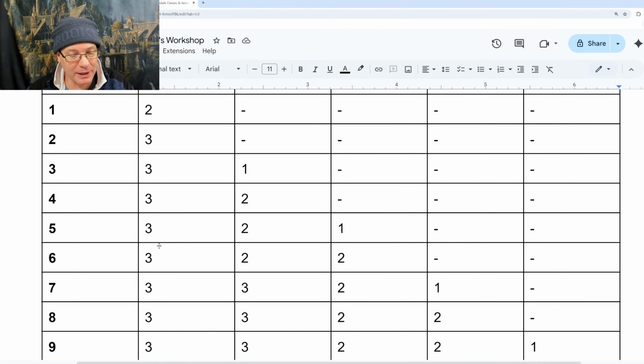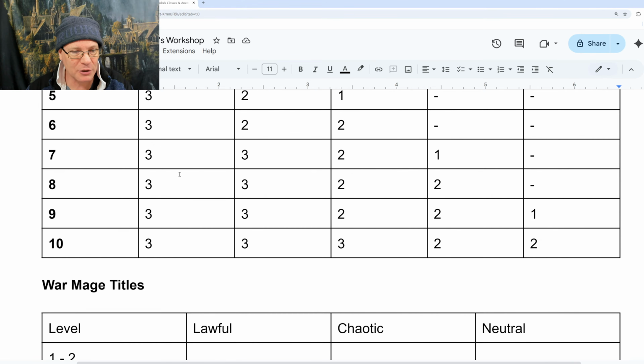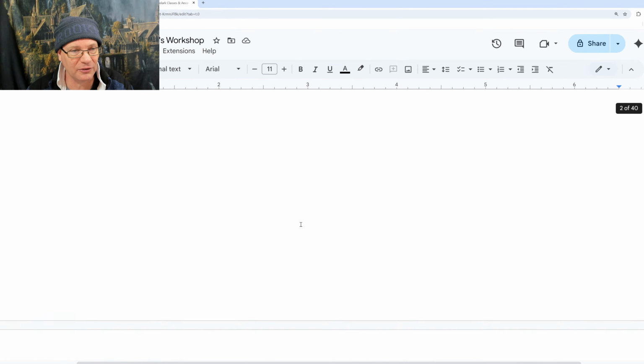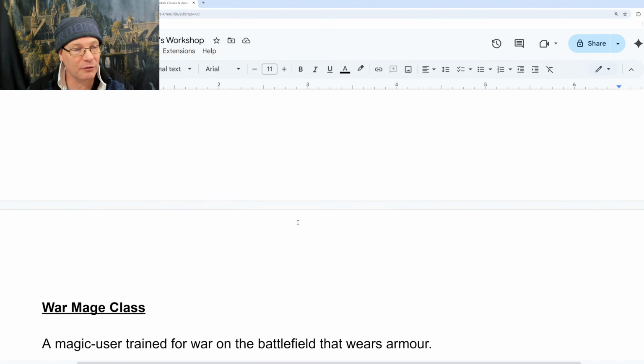But I don't know how I can adjust it without it getting a little bit too silly, because I don't want to fall into the trap of basic D&D where you had one spell. Once you used your spell, you couldn't do anything else other than throw a dagger or maybe fire a crossbow. So we've got to be a little bit careful about how this is going to look. I don't know how it's going to look. And then, of course, titles. So this is what I have so far.